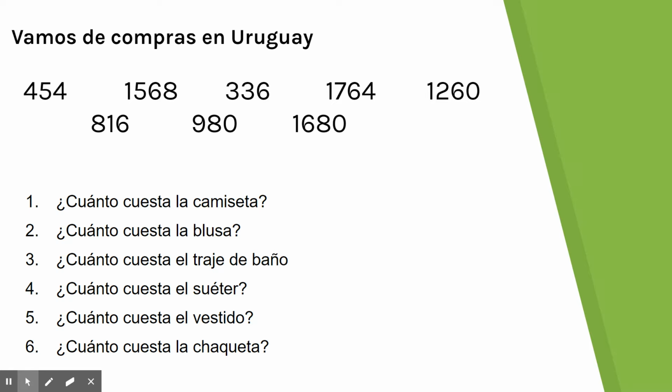Vamos a ver. 1. La camiseta cuesta 336 pesos. 2. ¿Cuánto cuesta la blusa? 1,260 pesos. 3.